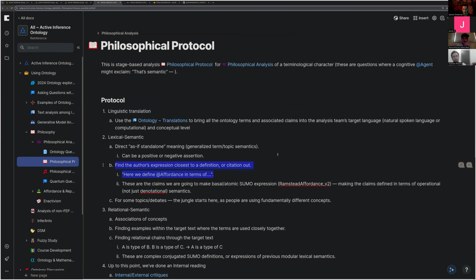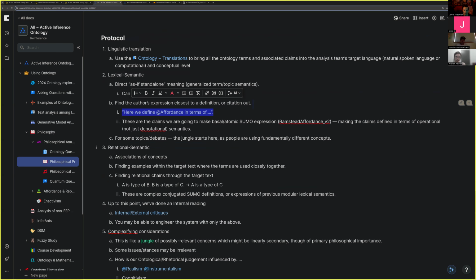Did they say something in the paper, like here we define, here we use surprise to mean this, or here we operationalize surprise as? So they're narrowing down or leaving implicit what they mean by surprise. But if they said by surprise we mean one, and then a person constructs an argument predicated on surprise being number two, then it's off base. Then getting into their local weaving of the relational semantics.